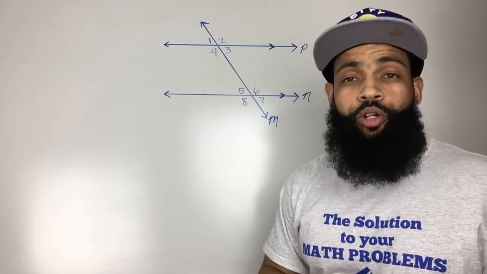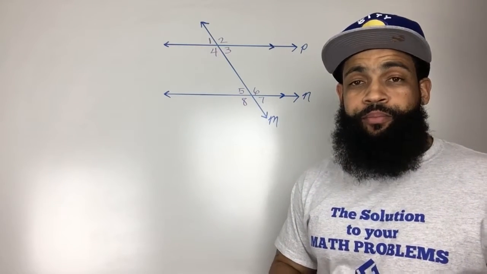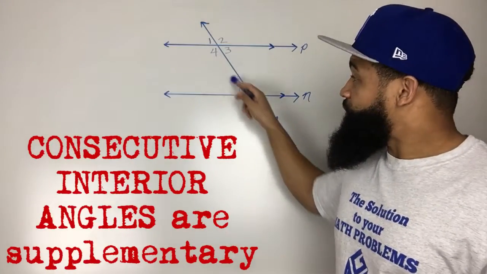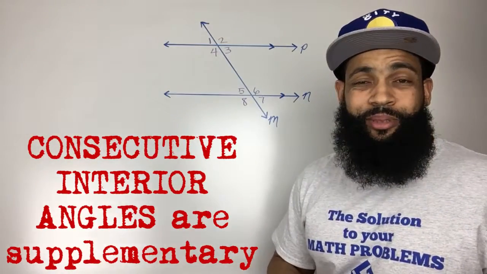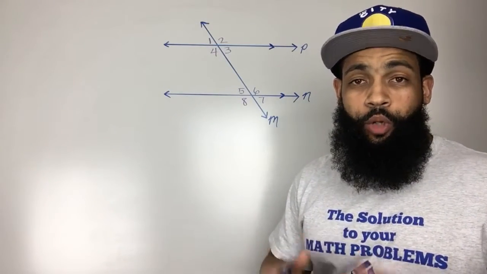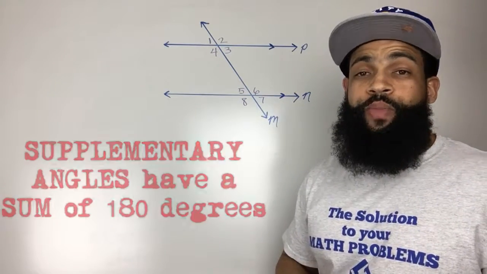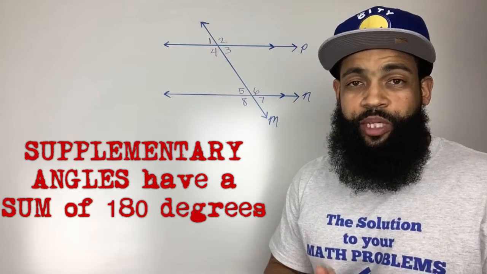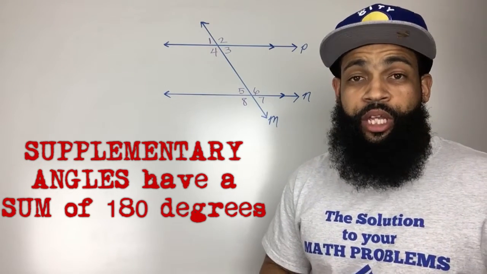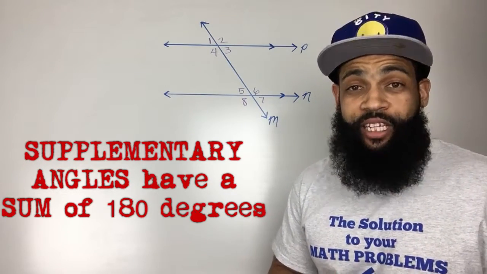Now, this theorem also tells us that the consecutive interior angles, sometimes known as same side interior angles, are also supplementary, which means if you add those two angles up, they have a sum of 180 degrees.